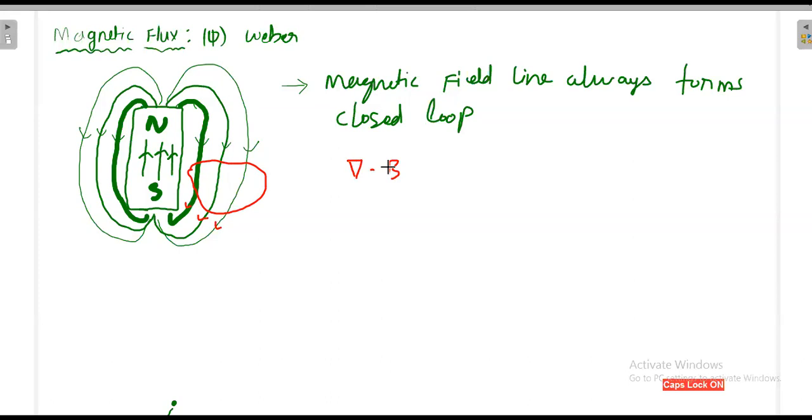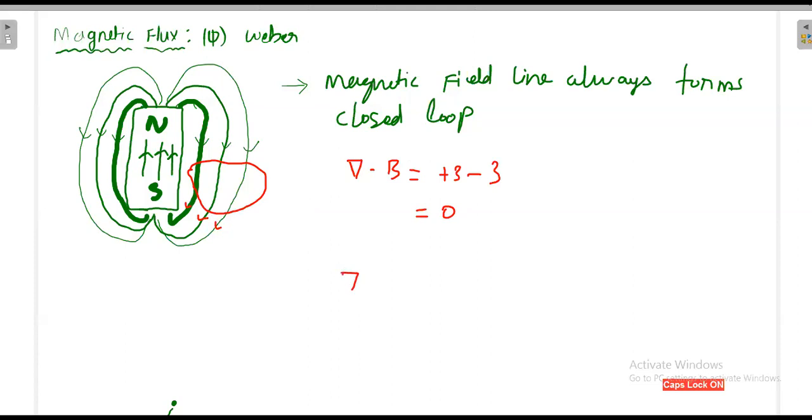But one thing is very clear. Suppose, for example, simply three lines are entering and going inside, and three lines are going outside. So definitely the answer is zero. Take a closed imaginary surface anywhere in space.